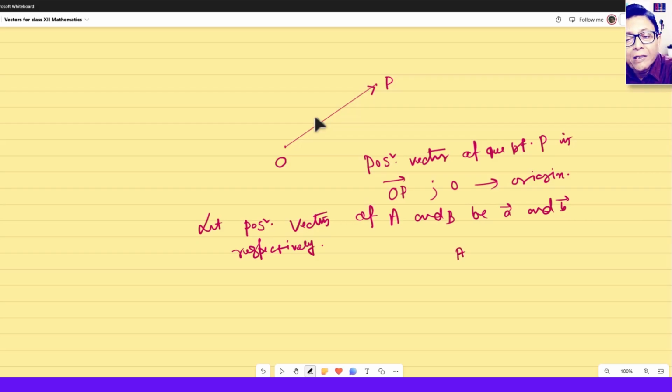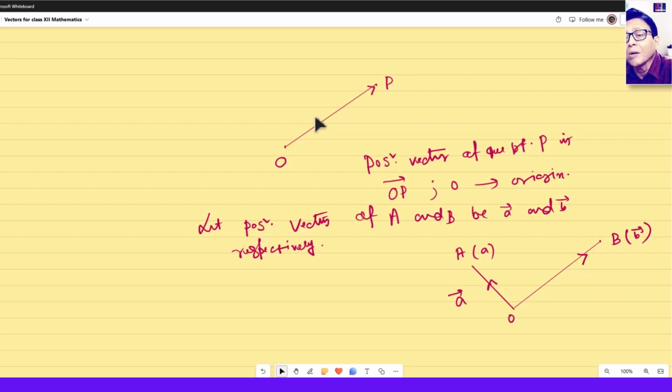With respect to the origin, if we join the point A from the origin, then we get vector A. From origin O, if we join the point A, we get vector A. Similarly, the position vector of B means from origin to B, if we join, we will be getting vector B. In a particular problem, only one origin will be there.